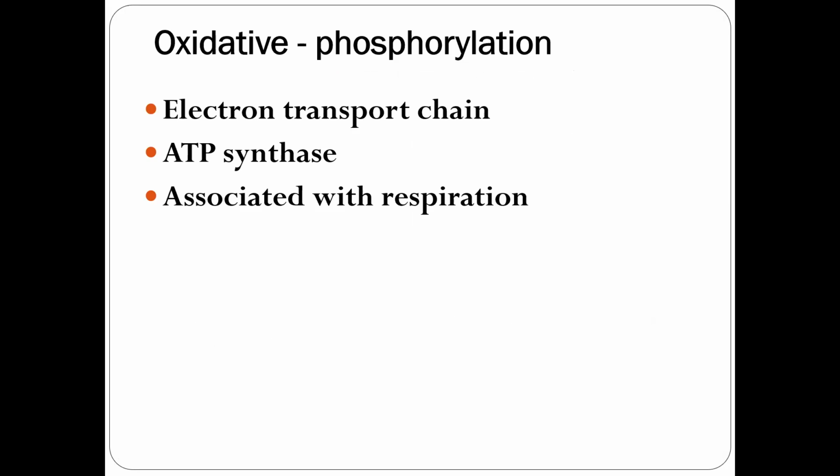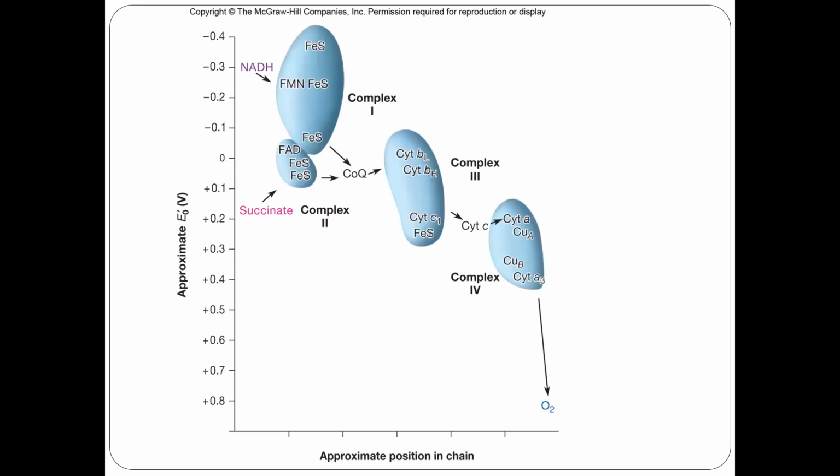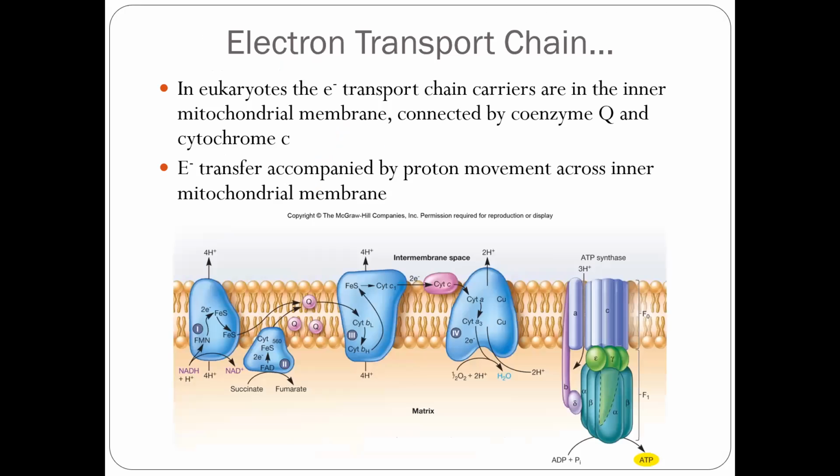Oxidative phosphorylation means ATP synthesis related to the electron transport chain and the associated respiration. This is what I drew on the blackboard many times, the electron transport chain: from NAD, FMN, FeS, FAD, cytochrome Q, CoQ, cytochrome b, cytochrome c, a3, and oxygen. And where are they? In eukaryotes, usually in the mitochondria, and they generate the proton motive force that triggers electron transfer.